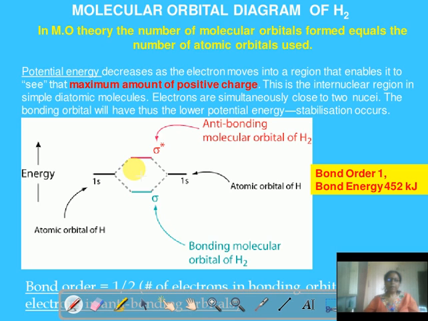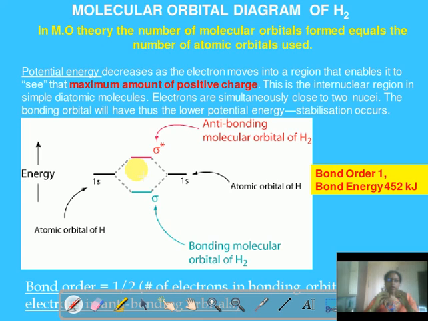So why does this happen? Because you know that the potential energy decreases as the electrons move into a region that enables them to see the maximum amount of positive charge. In a simple diatomic molecule, between two atoms there is a region called the internuclear region, where the electrons can see the nuclei of both atoms simultaneously.